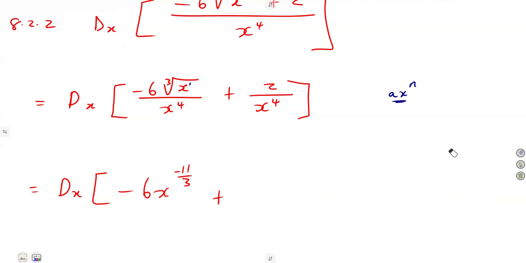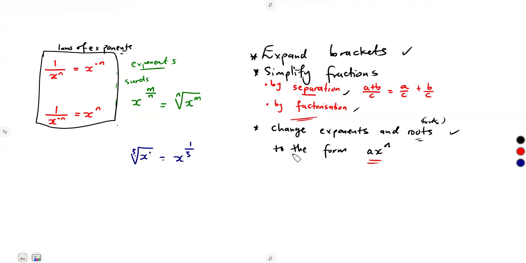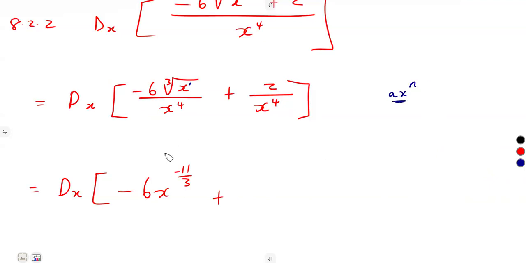Remember, guys, I talked about this: when you're given this in the denominator, we take it up with a negative exponent. So that's a positive 4, it's going to be a negative on top. So that's 2x to the exponent of a negative 4. That is the whole idea of 1 over; it changes the exponent.